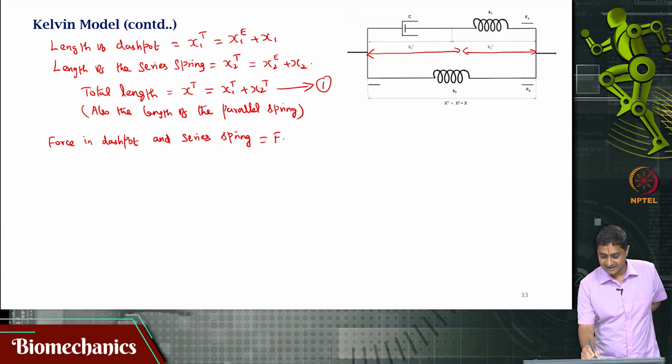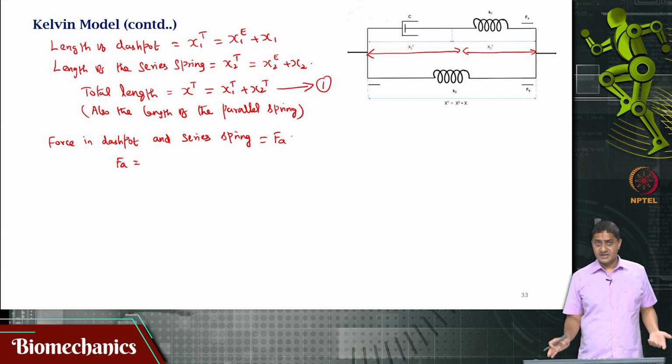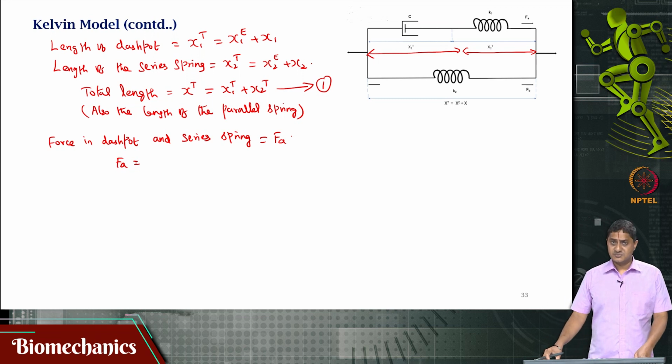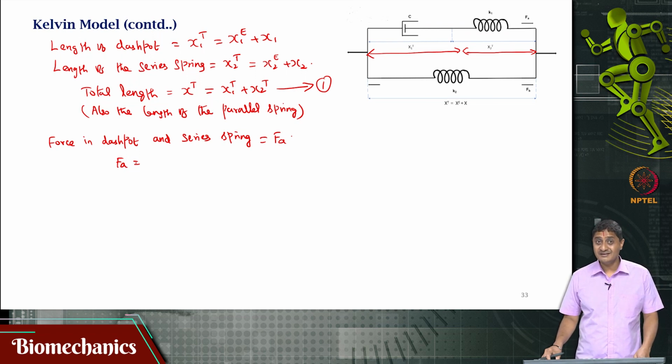Because I know the characteristic of the dashpot and the spring, I can write the expression for Fa in terms of C and K1. And remember, Fa is the same for both the dashpot and the series spring. For the parallel spring it is different, but we will come to that in just a little bit.